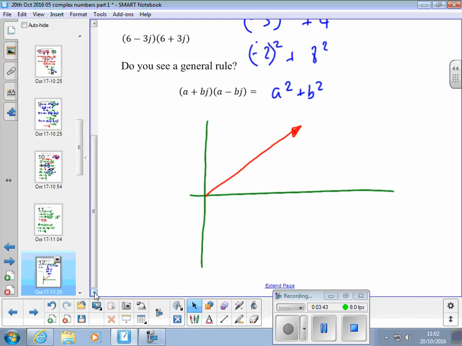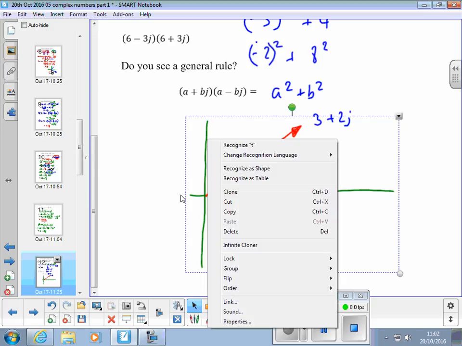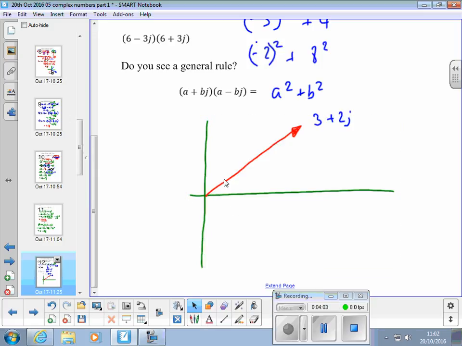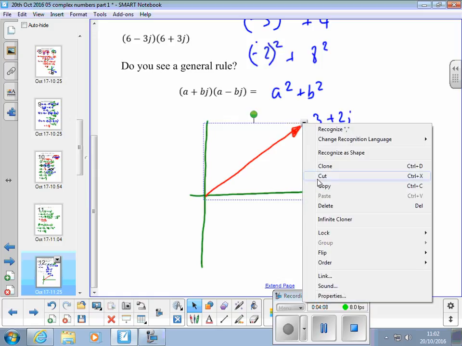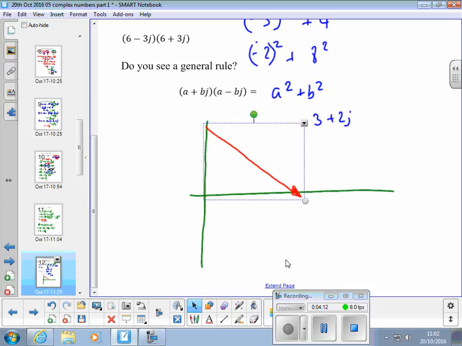Alright, and then I'll be quite clever with this, I think. Let's imagine that's 3 plus 2j. The complex conjugate of that is, change the sign, so if I flip that on the up-down axis, I didn't want to do that, I want to copy it first, didn't I?